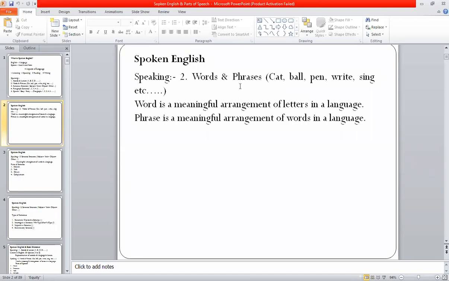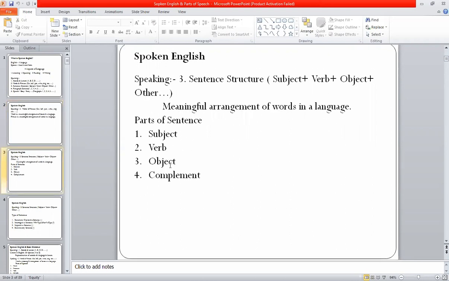So for getting the meaning, it should be arranged in a meaningful manner. So a phrase is the meaningful arrangement of words in a language. Then what is the sentence structure? We have discussed it before.